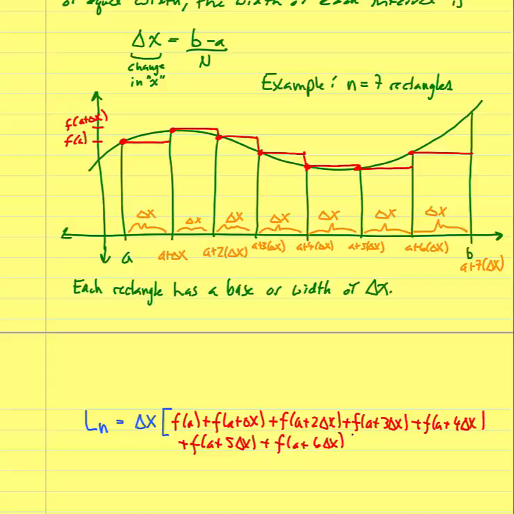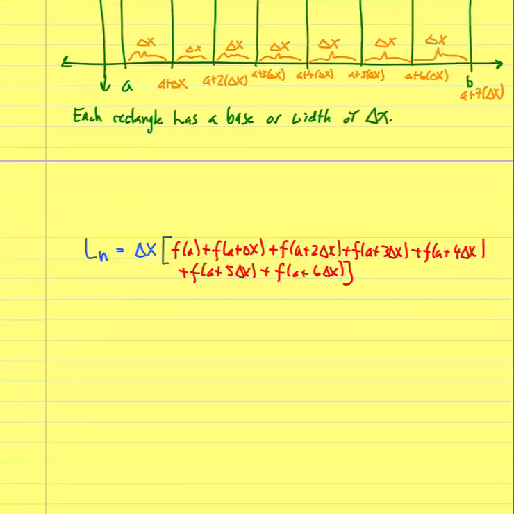Now remember, the last one we went to 7. Let's see what we're going to do here. This last rectangle, I never get to a 7 delta x because I use this left endpoint, so I'm stopping here. But notice I still have 7 rectangles: 1, 2, 3, 4, 5, 6, 7. I'm just starting with that left endpoint.